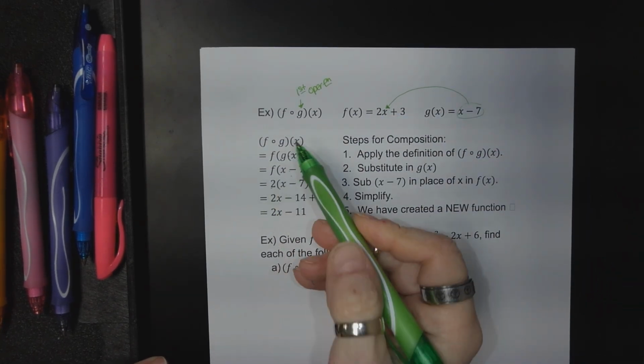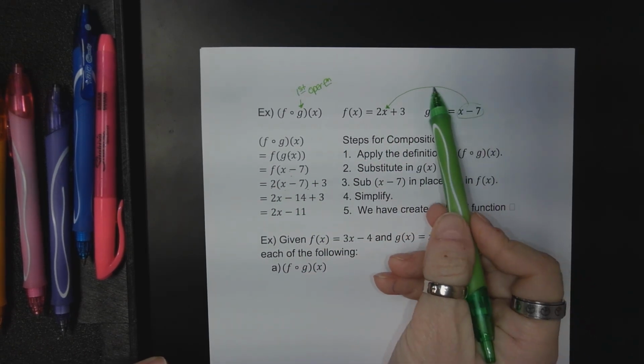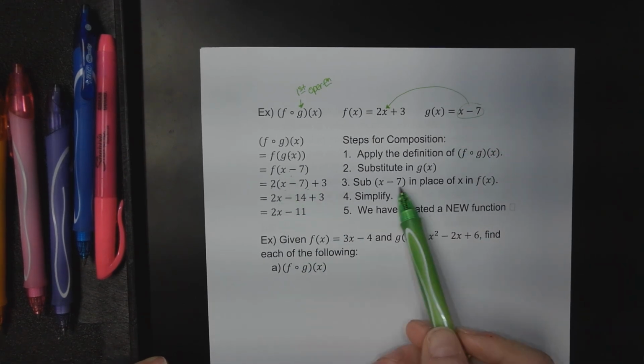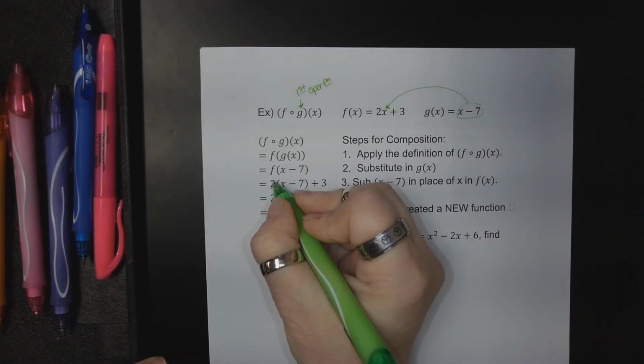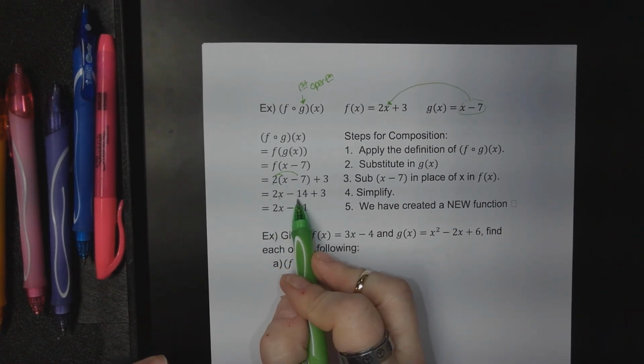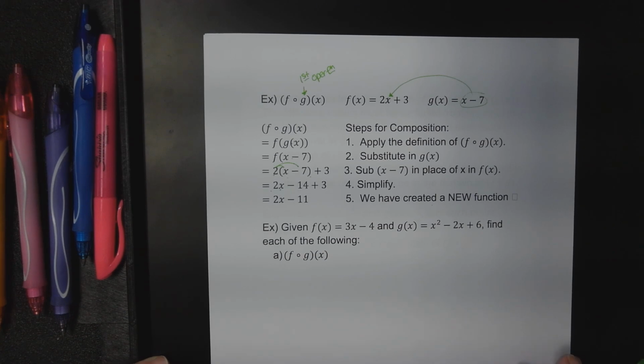So we take this amount and plug it in for the x, so then it's 2 times x minus 7. And then we just distribute. We get 2x minus 14 plus 3, and then we combine like terms, and then we have our new function, okay?